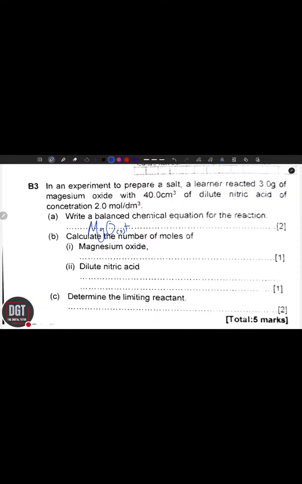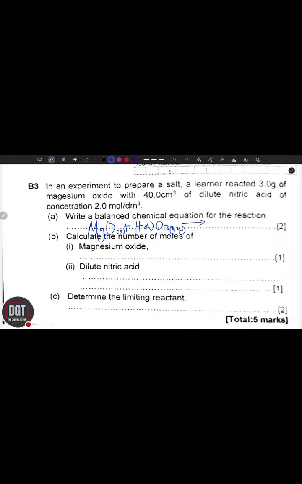You see why I told you to know 4 acids? This time around you are given nitric acid. Then of course this is aqueous.